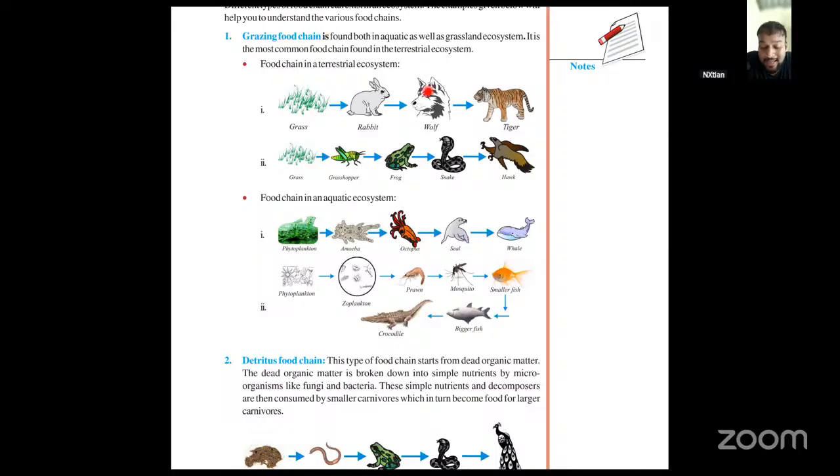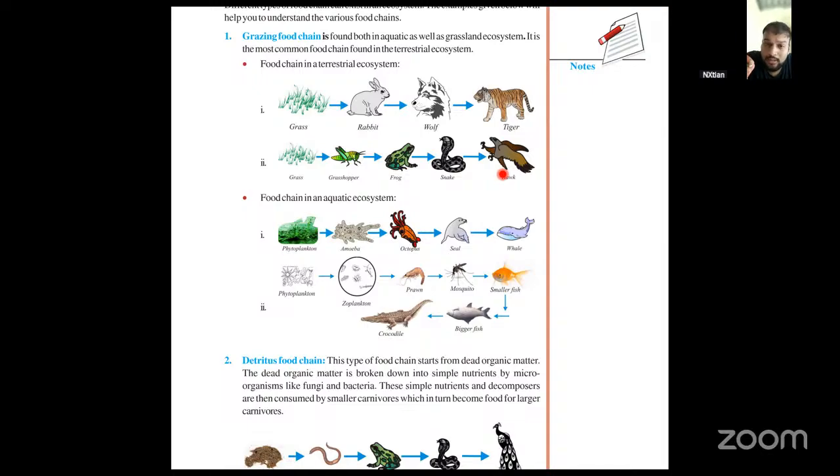So they graze first, and then the chain goes on like grass, rabbit, wolf, tiger; or grass, grasshopper, frog, snake, hawk. This is how it works.